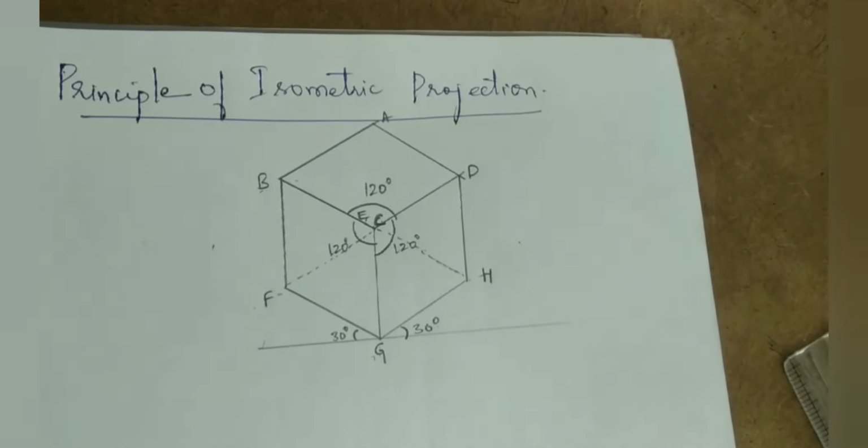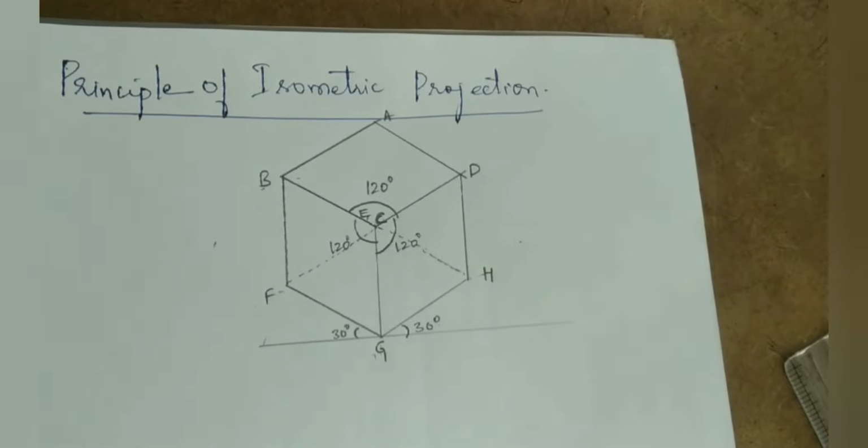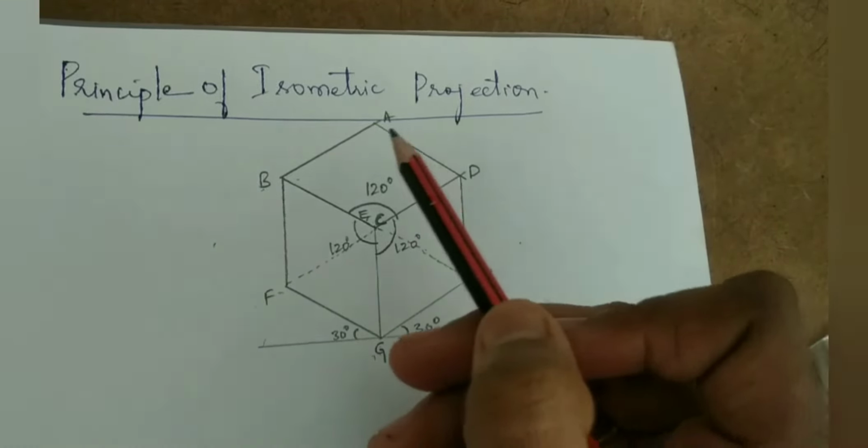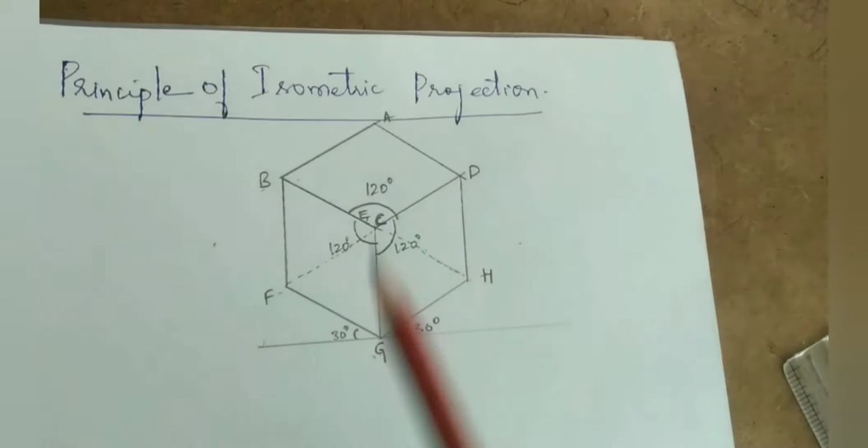So what are the things that we follow in these projections? The main thing is that the boundary appears like a hexagon.